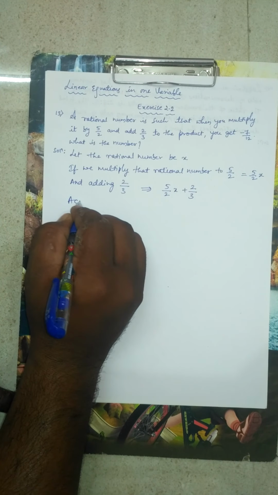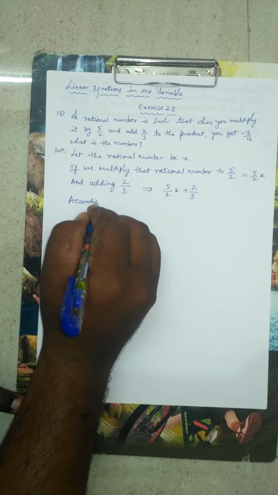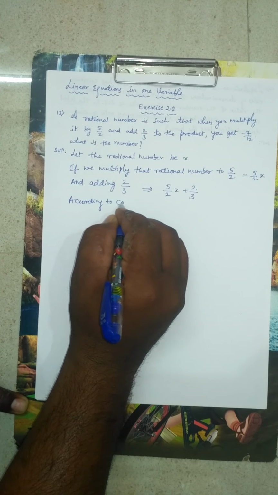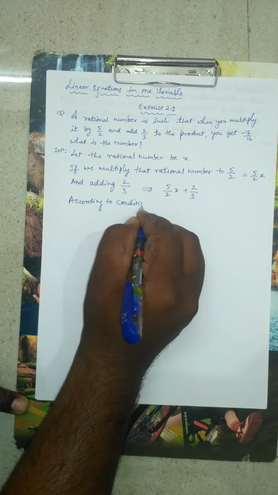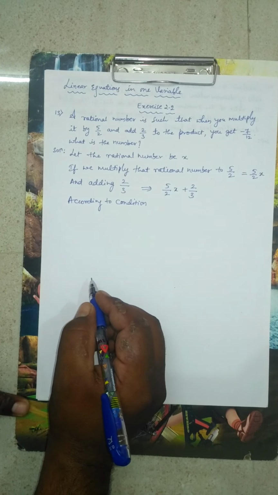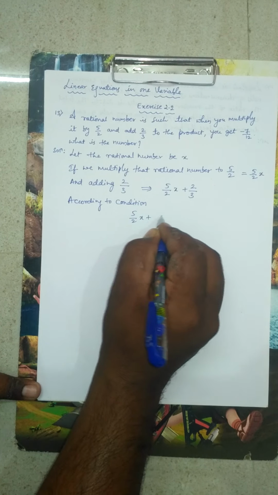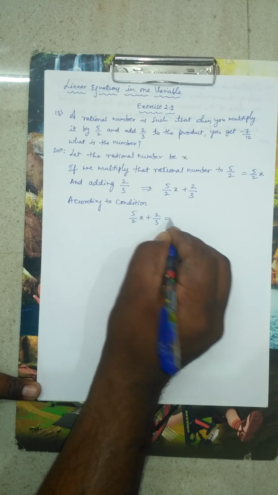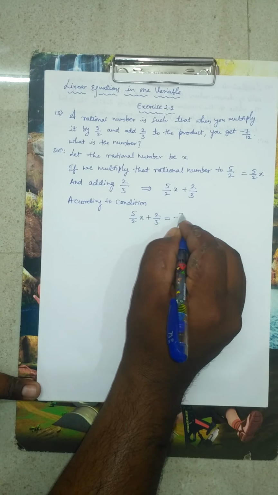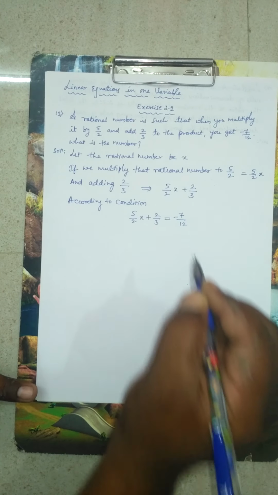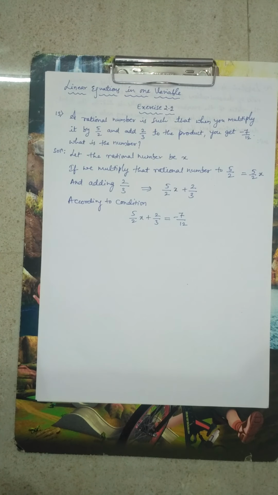So according to the condition, what our condition says, 5 by 2 x plus 2 by 3 is equal to minus 7 by 12. So this is our equation.